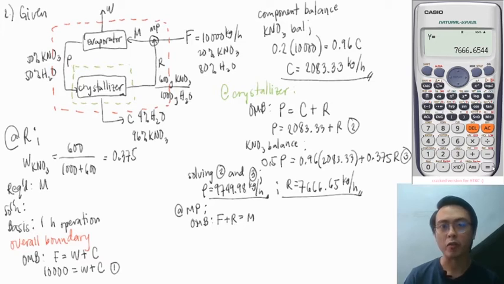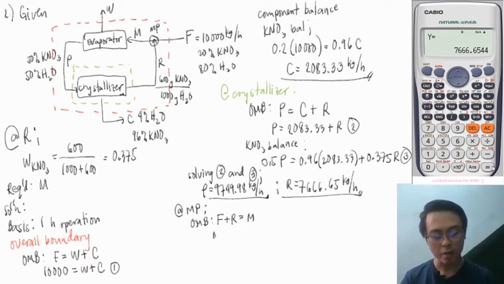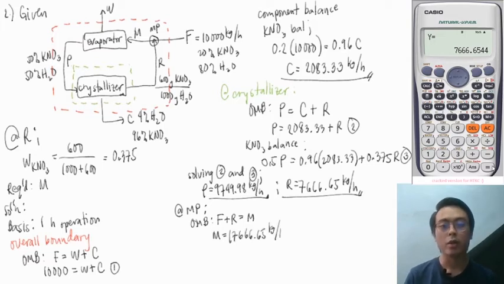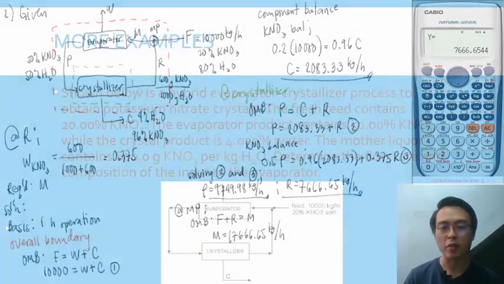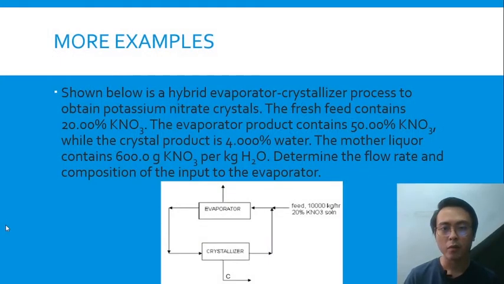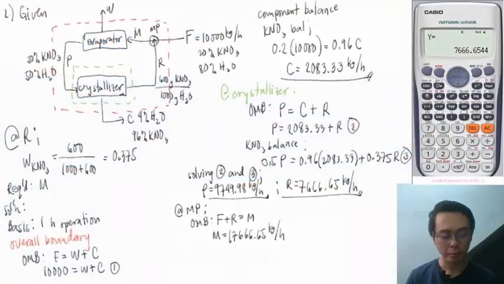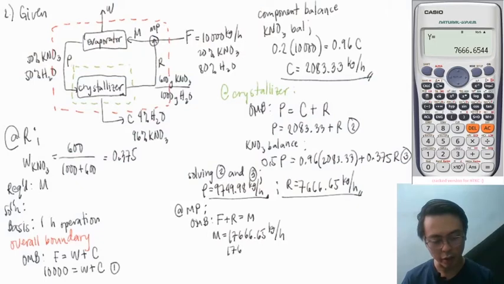You have already solved for the value of R, so we can directly solve for the value of M. M is simply 10,000 plus 7,666, so we have 17,666.65 kilograms per hour. Using the correct number of significant figures, 4 significant figures, this is 1, 2, 3, 4: 17,670 kilograms per hour.